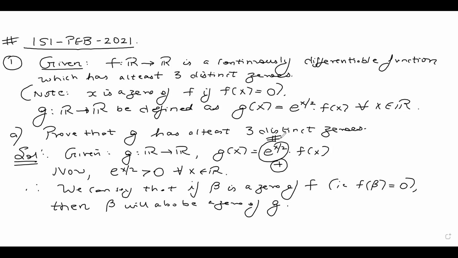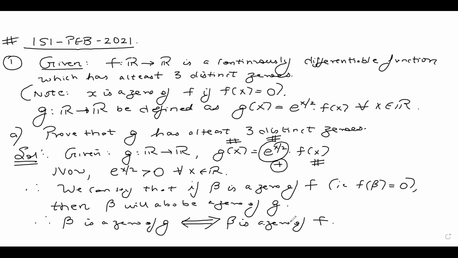Since this term is always positive, if x equal to beta is a zero for the function f of x, then x equal to beta will also be a zero for the function g of x. So I can write that beta is a zero of g if and only if, double implication means if and only if, beta is a zero of the function f.